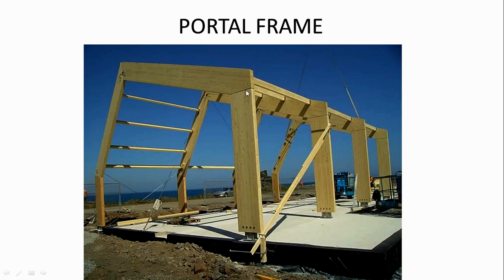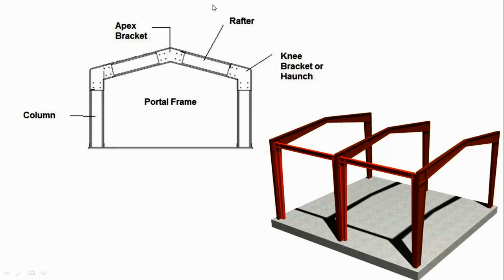But the depth that you get here means that the building is effectively triangulated within the structure itself. You remember we talked about invisible triangles, there's another one here. So it's a stiff structure laterally. It will resist any kind of lateral load because of that depth of these elements.